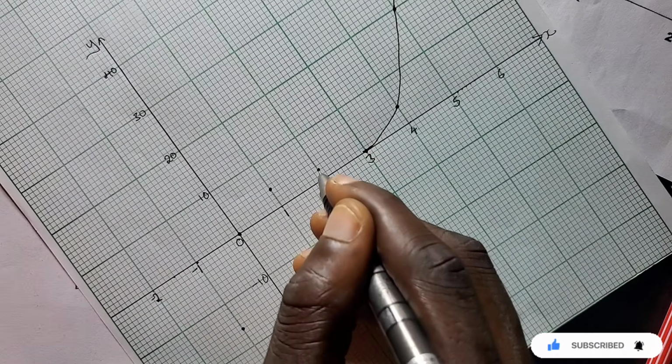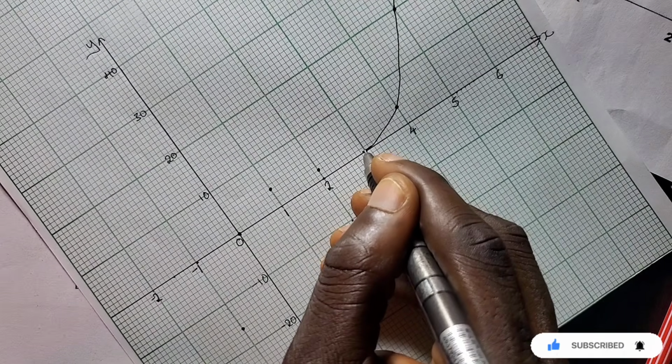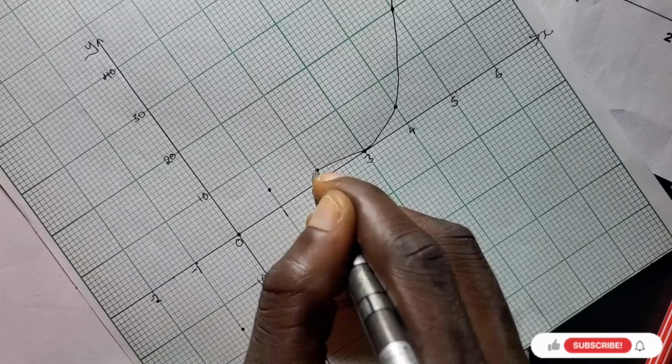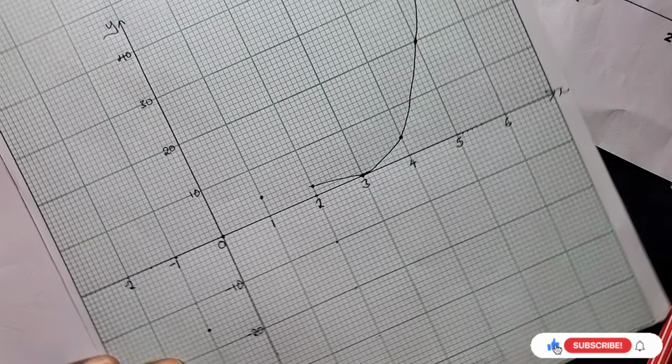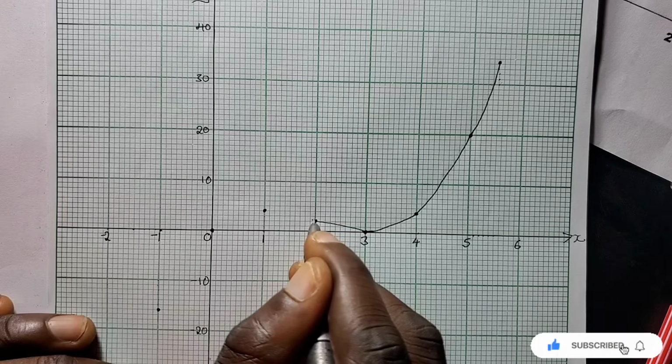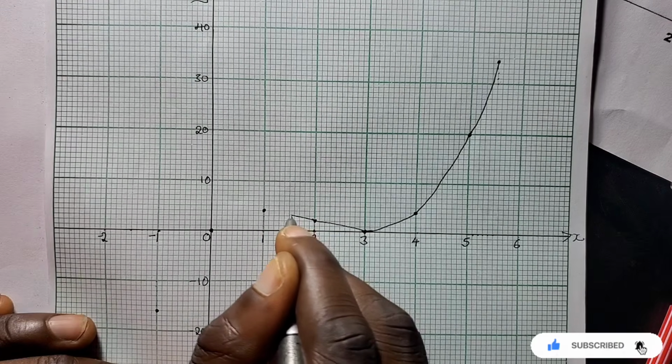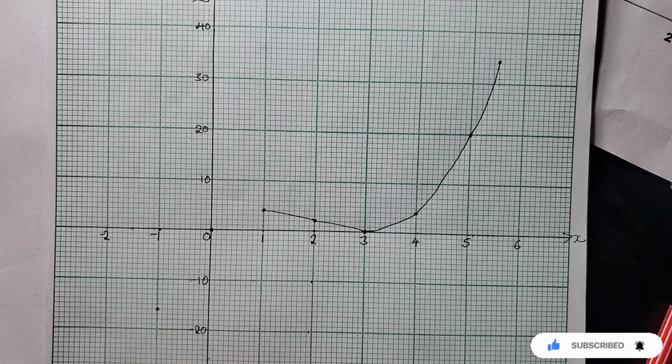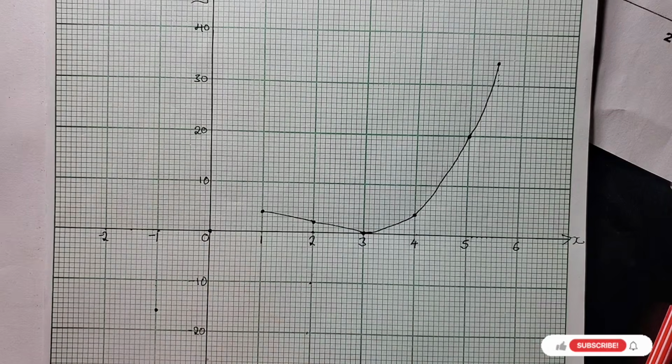Then it moves a bit. This is 2, so this is the next point. Then from there, this is the next point here. This is the next point. Then it comes to 0, 0.